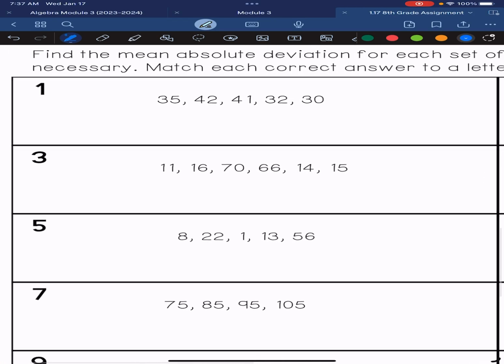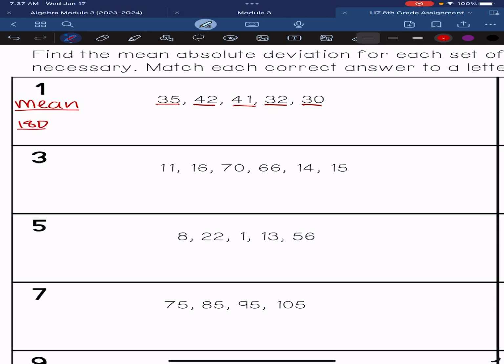So here is a data set of 5 numbers. Step 1, I'm going to find the mean. And the way we do that is we're going to add up all of these numbers together and then divide by how many there are. So when I add up 35 plus 42 plus 41 plus 32 plus 30, I get 180.